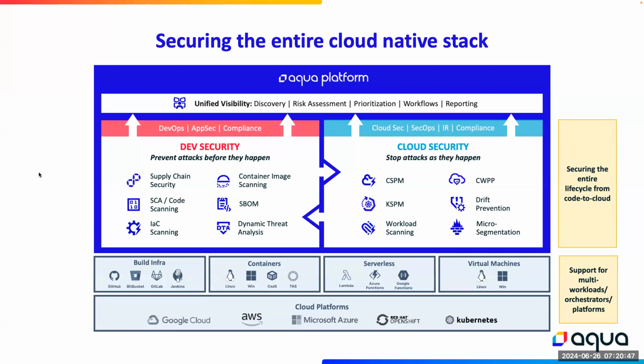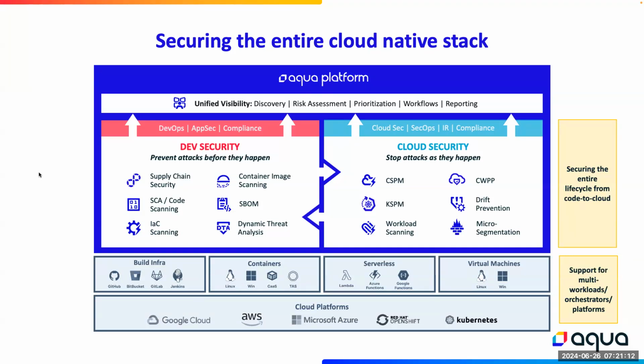We have that shift left security I was talking about, that dev security side. That includes all your supply chain security, your container image scanning, your static code analysis, IaC scanning, as well as static application security testing. But that shift right side, that cloud security piece, is really where we got our bread and butter. So cloud workload protection is agent-based protection of your Kubernetes workloads.